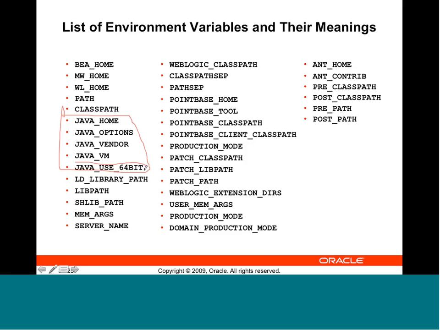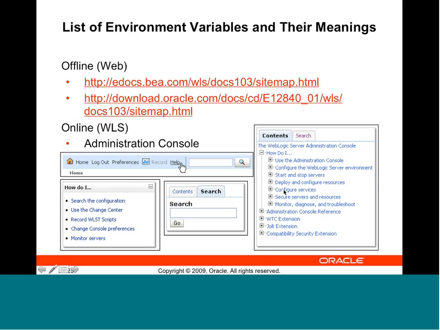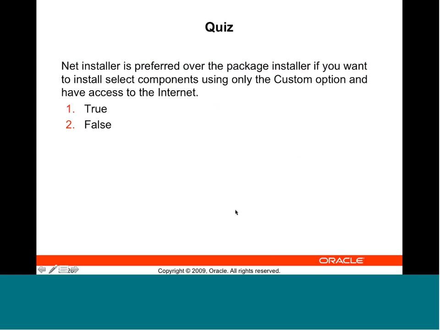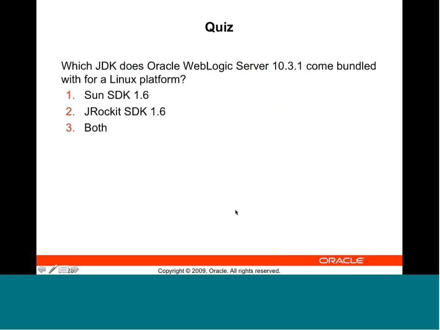But if it is 32-bit, you have a limit. You cannot go beyond 2 GB of heap. So these become important from the perspective of administration, and especially when you go with failover and all. This is documentation, which is not important. You can download it, and we'll be downloading using the wget utility.